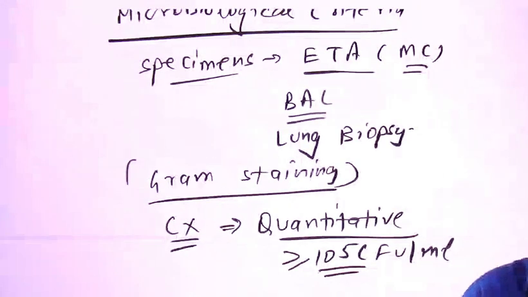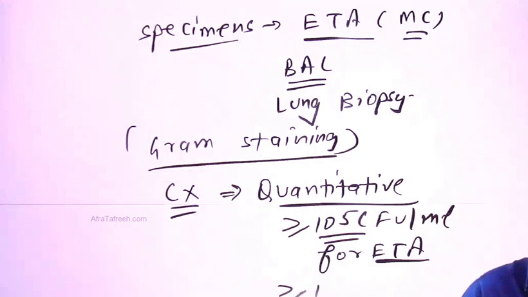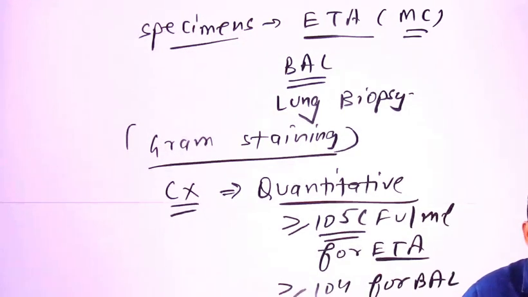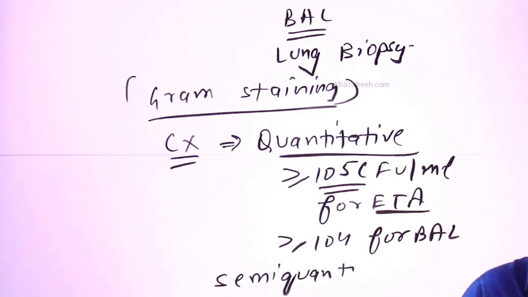Again the same as in the urine. Here also, for the ETA, the endotracheal aspirate, it is said more than or equal to 10⁵, and more than or equal to 10⁴ for the BAL. And this is the quantitative one. In the semi-quantitative one, you can just estimate what?